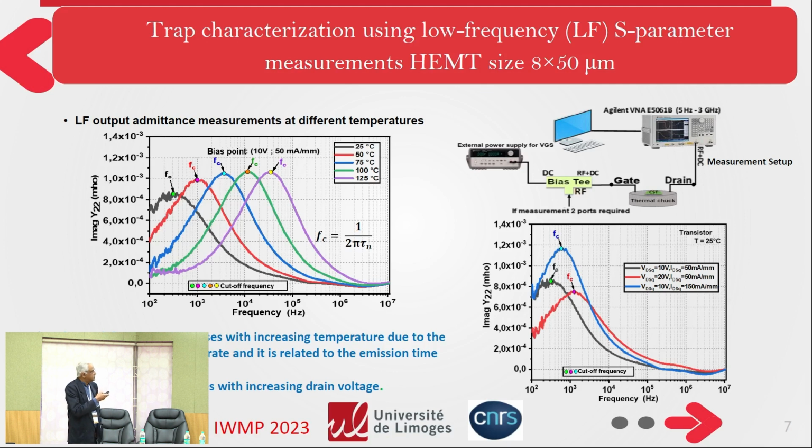On the right side, I also show the imaginary part of Y22 versus frequency for different values of VDSQ and also IDSQ varying from 50 milliamps per millimeter up to 150 milliamps per millimeter. The peak position also shifts when the bias point increases.